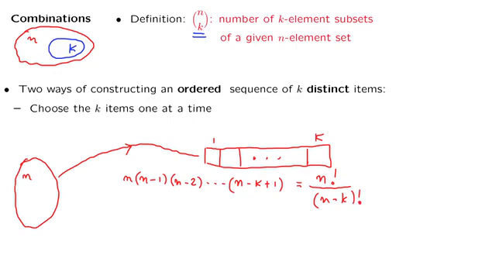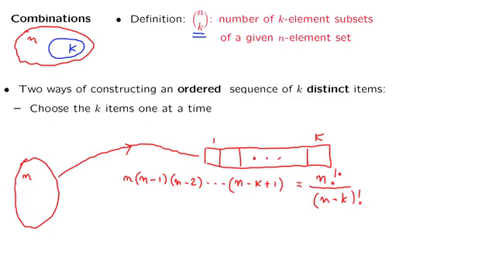You can verify that this is correct by moving the denominator to the other side, and when you do that, you realize that you have the product of all terms from n down to n minus k plus 1, and then you have the product of n minus k going all the way down to 1, and that's exactly the product, which is the same as n factorial. It's the product of all integers from n all the way down to 1. So this was the first method of constructing the list that we wanted.